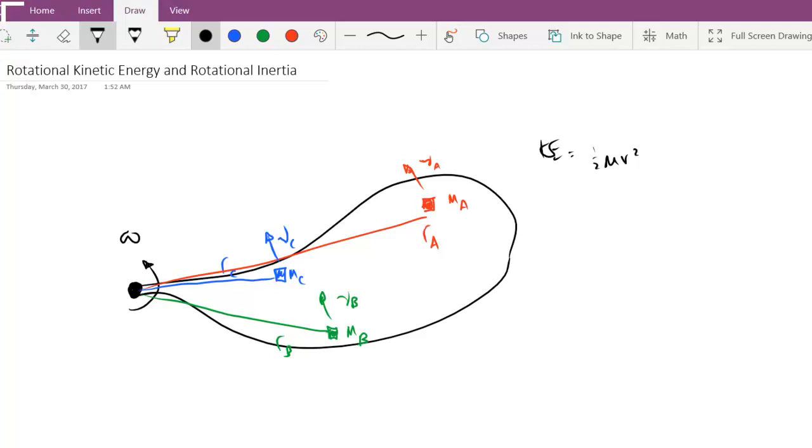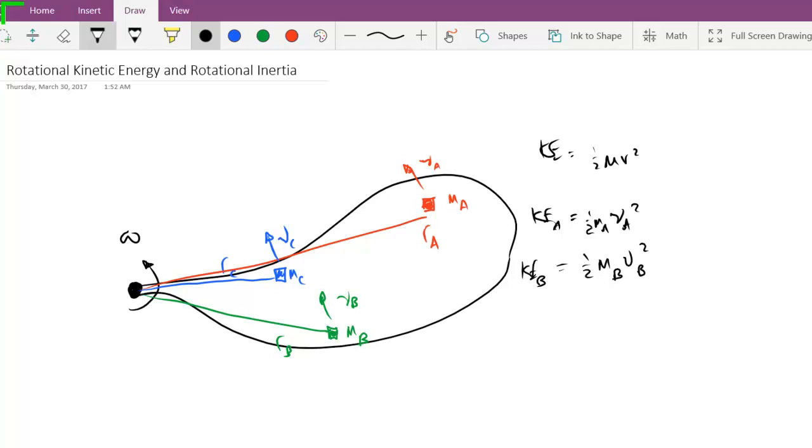So the kinetic energy at point A would be 1/2 the mass of point A times the velocity of A squared. And the kinetic energy at point B would be, following the same reasoning, 1/2 the mass of point B times the velocity at B squared, and so on for C, etc.